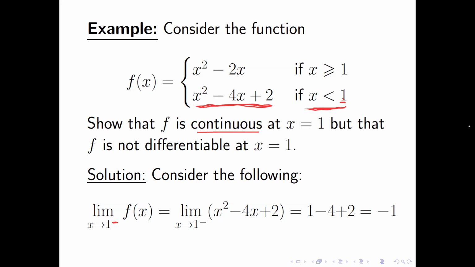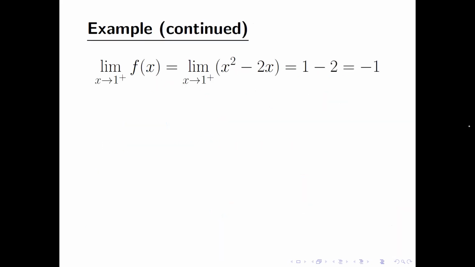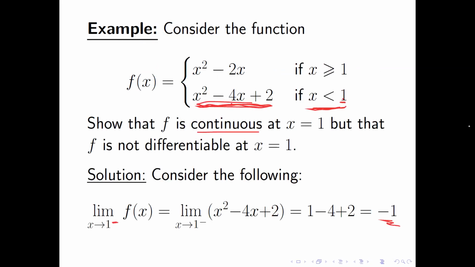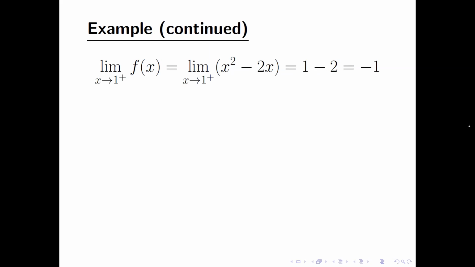So at the left, we are going to consider this function, and with straight substitution, we are going to have 1 minus 4 plus 2, which is minus 1. So the limit of this function on the left of 1 is minus 1. And the limit of this function on the right-hand side of 1, this positive again shows direction.